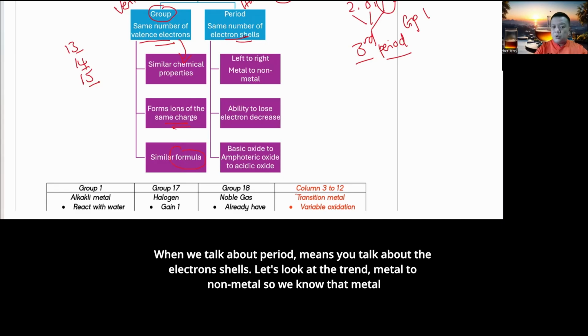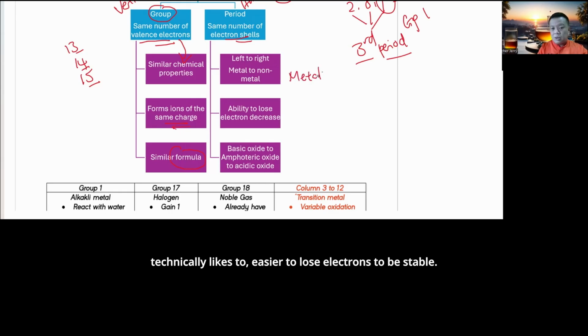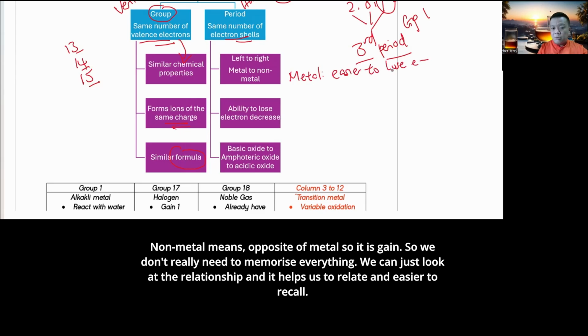Then when we talk about period, we talk about electron shells. Looking from left to right, the trend is metal to non-metal. We know that metals like to lose electrons, it is easier to lose electrons to be stable. Non-metal means the opposite of metal, so it will gain. So we don't really need to memorize everything.